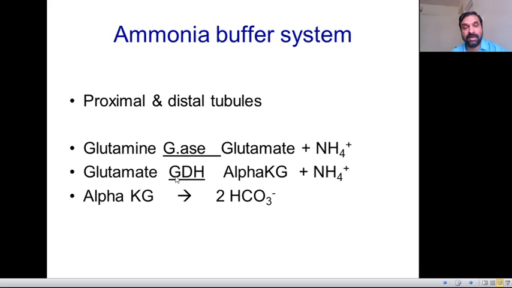Again, glutamate is converted into alpha ketoglutarate by glutamate dehydrogenase. As a result, again one ammonium ion is formed. And by the metabolism of alpha ketoglutarate, two bicarbonate ions are also formed. So totally two ammonium ions and two bicarbonate ions are formed from a glutamine.